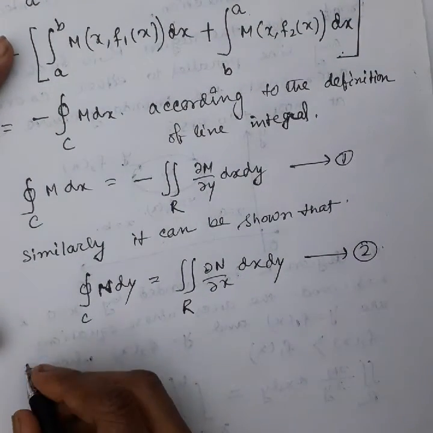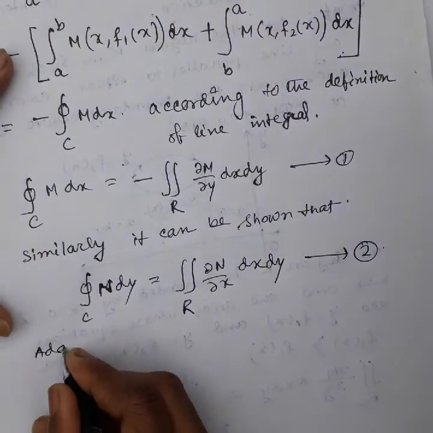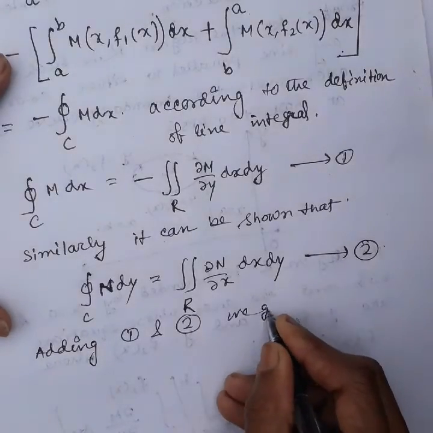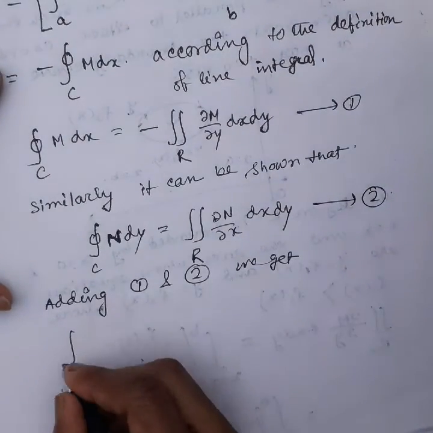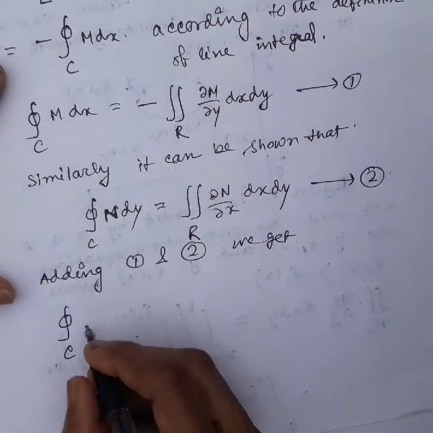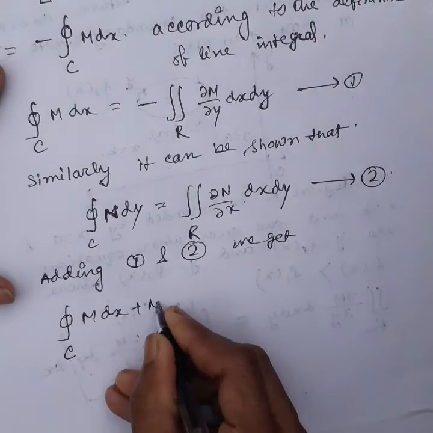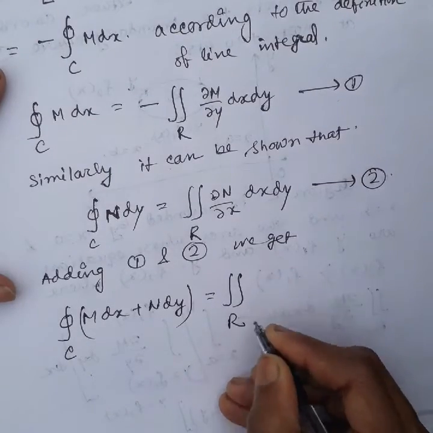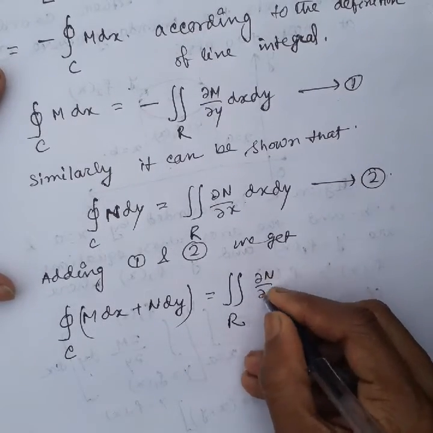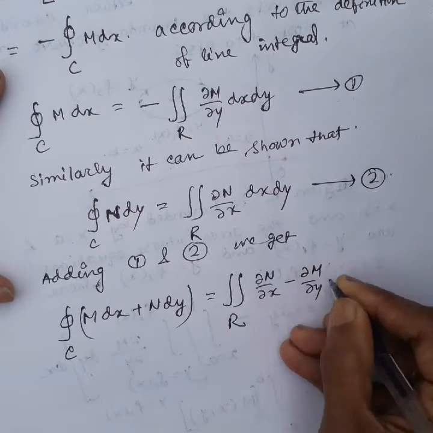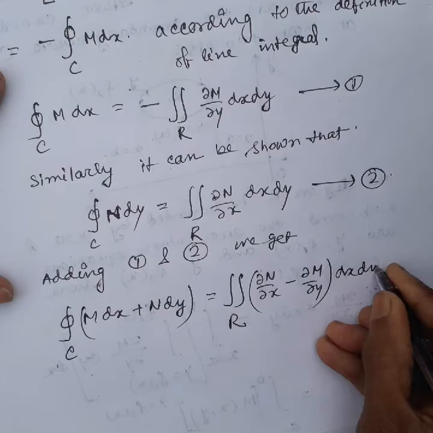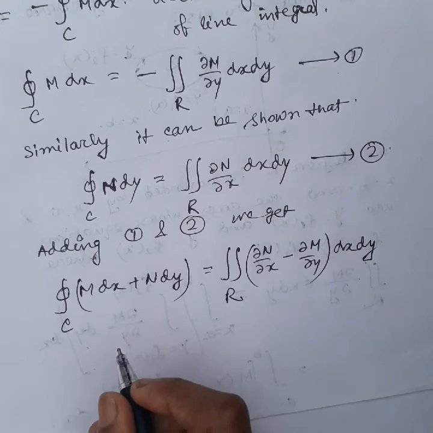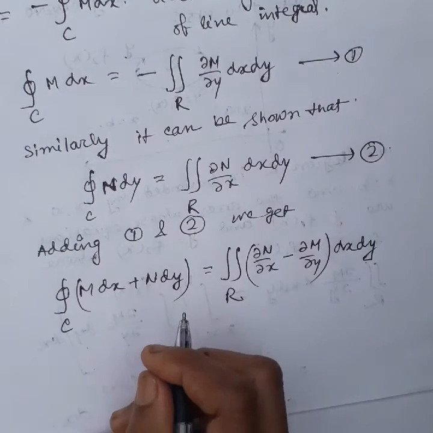Adding 1 and 2, we get the integration around C of M dx plus N dy is equal to the double integration over the region R of del N del x minus del M del y dx dy. Here the above theorem can be proved for multiply connected regions.